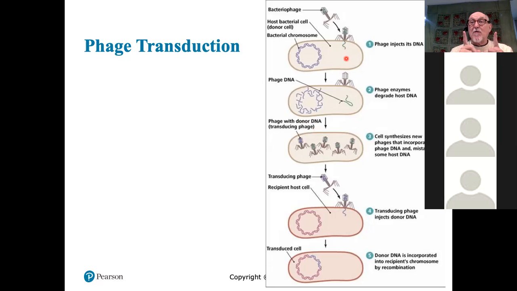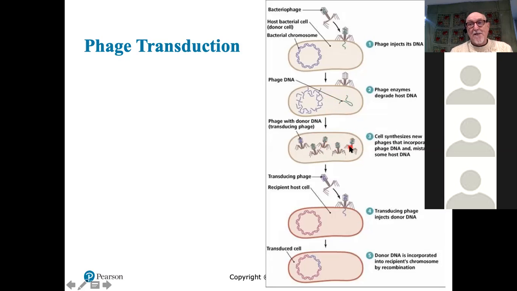But it also offers us an opportunity for experimentally moving DNA from one cell to another, because we can manipulate this whole system in various ways. We can do it in vivo by causing bacteria to be infected with viruses that will then take up DNA that we want them to take up inside the cell.